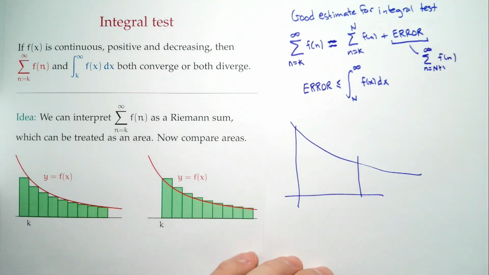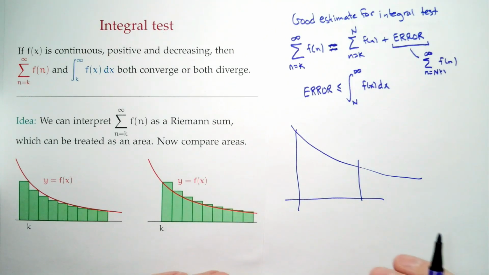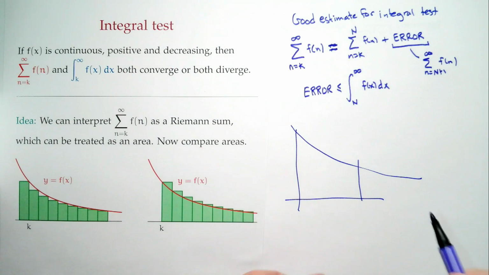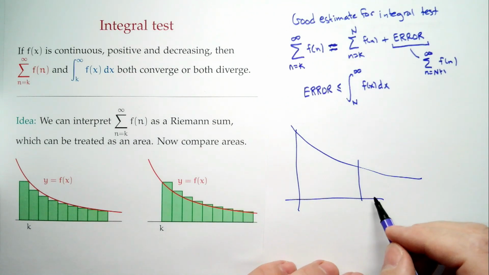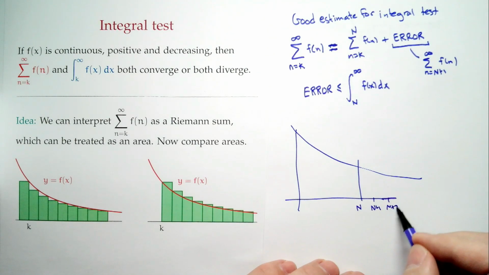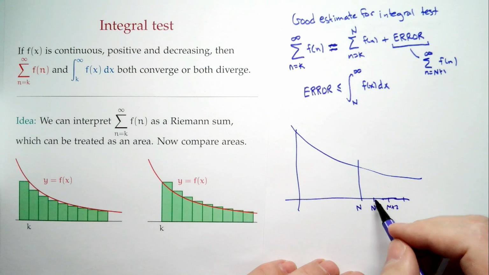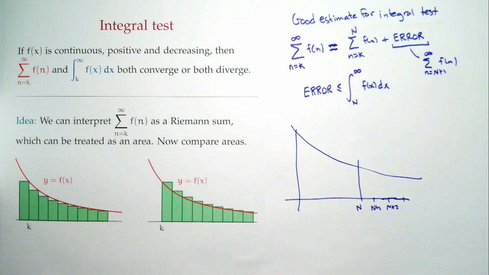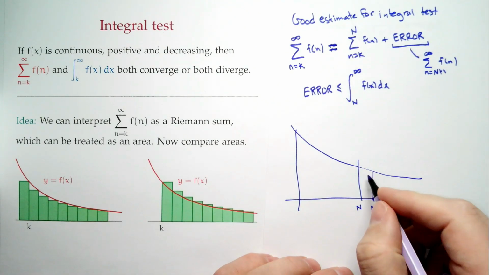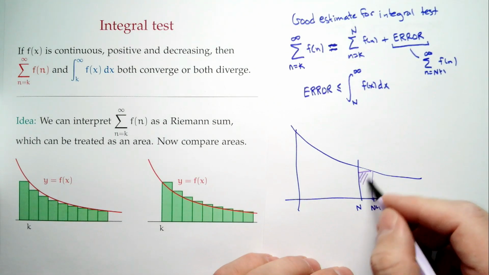That's our error. Okay? That's not very surprising. See, if you add those up, that's what you get. So, what do we say? Well, here's capital N. So you go to n plus 1, n plus 2, and so forth, and you make your rectangles. And the way you do it is you go up and to the left.